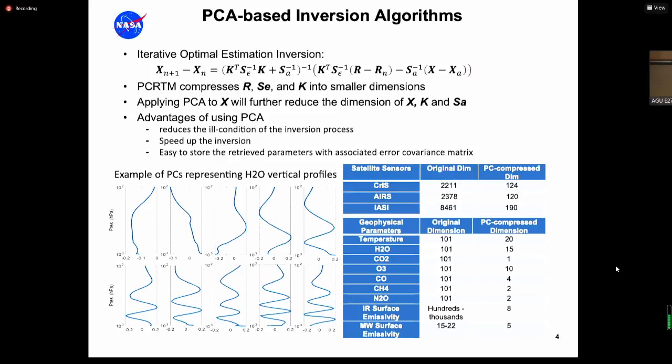But you can do information content analysis of your spectra, with respect to each component, what kind of information you have. So that's why we can reduce the eigenvectors to like, for temperature, 20, for trace gas, all the way from 1 to 2.